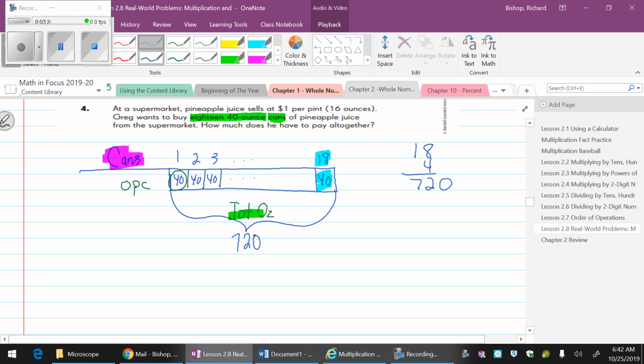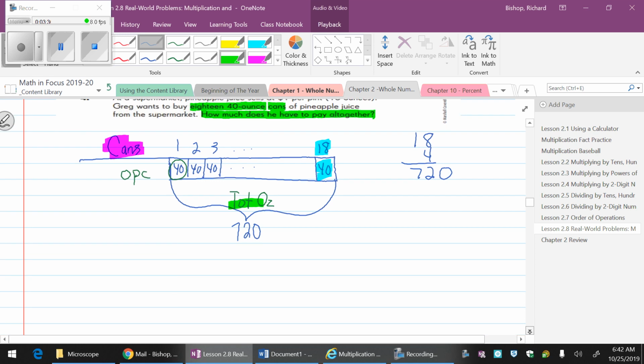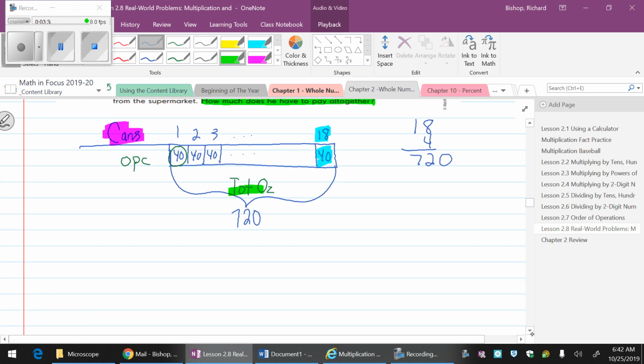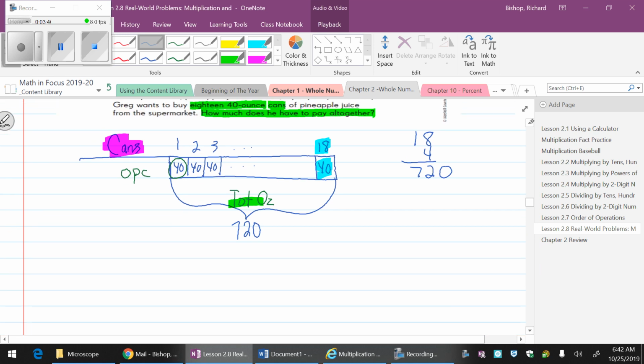That's total ounces. I'm still not to my answer yet, because I need to know how much I have to pay altogether. Oh boy. So I need to keep thinking of how this is going to be put all together. Let me go back and create another frying pan so I could see what's happening.